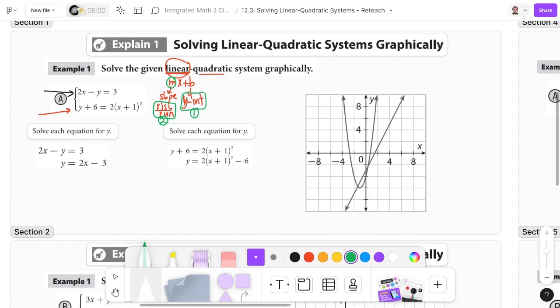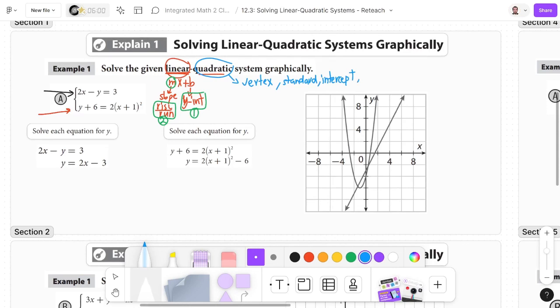Now, the second one is the quadratic function. As you can see here, we can draw the quadratic using the vertex form, correct? Or we can do it using the standard form, right? Or we can graph it using what? The intercept form. We also learned something in 12.2.